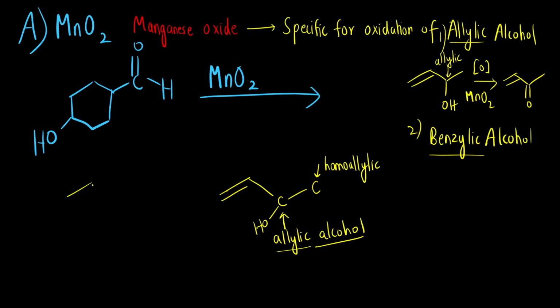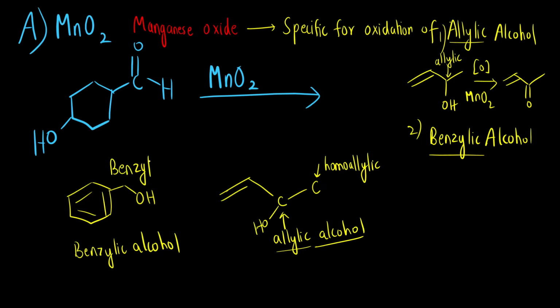Similarly, benzylic. What is the meaning of benzylic? The carbon next to benzene is called benzylic. Suppose I add OH here. This is called benzylic alcohol. And what is the name of this compound? This is called benzyl alcohol, because OH is present at the benzylic position.